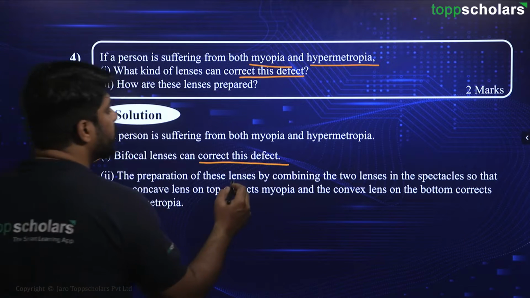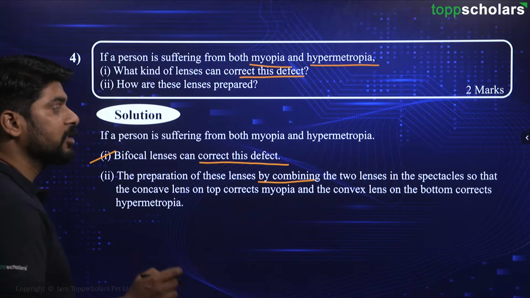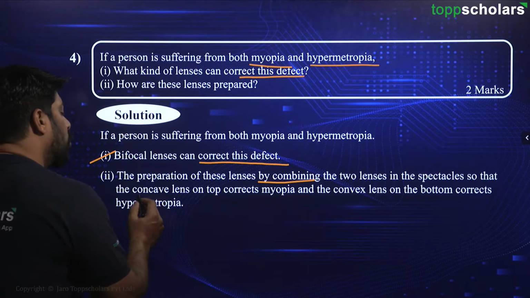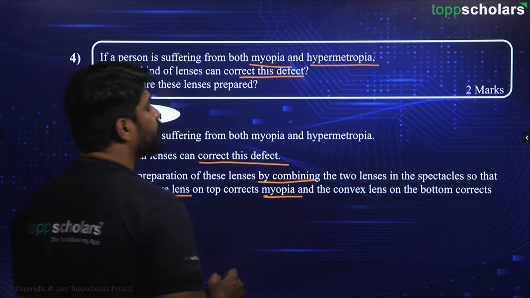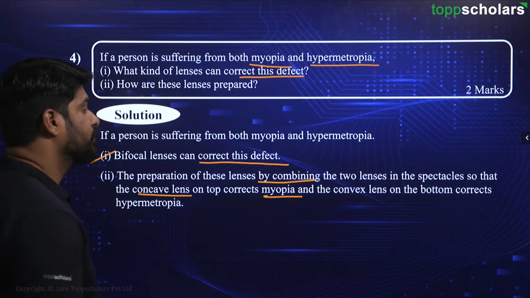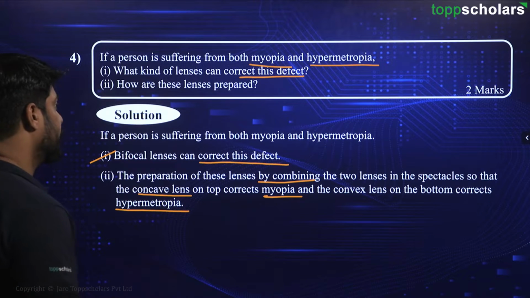These lenses are prepared by combining two lenses in the spectacles, so that the concave lens on top corrects myopia and the convex lens on the bottom corrects hypermetropia. So this is how it is prepared.